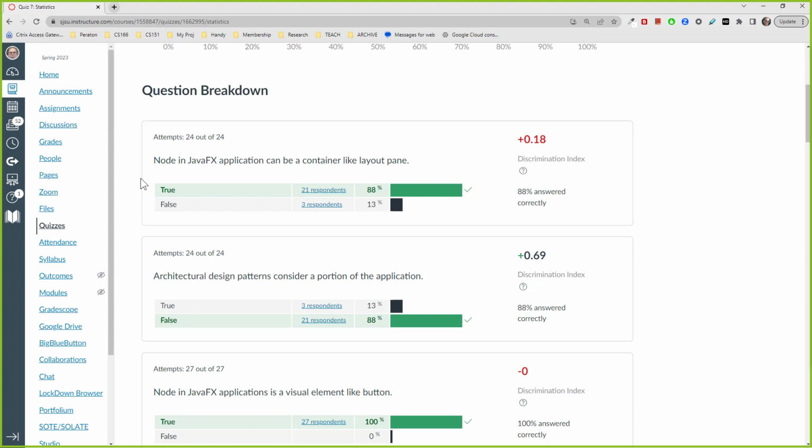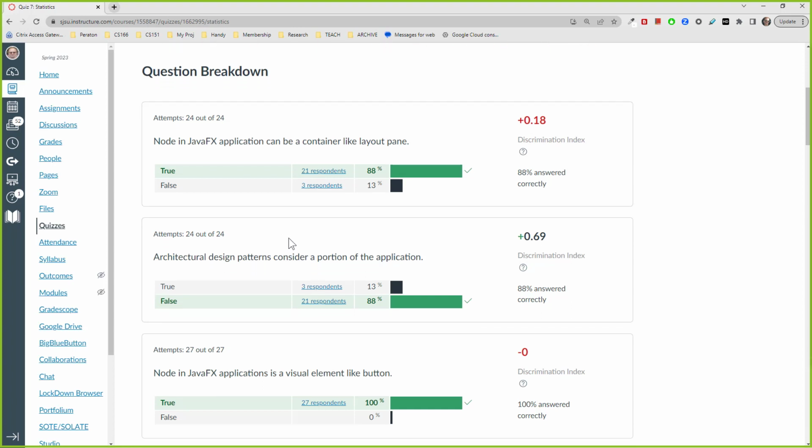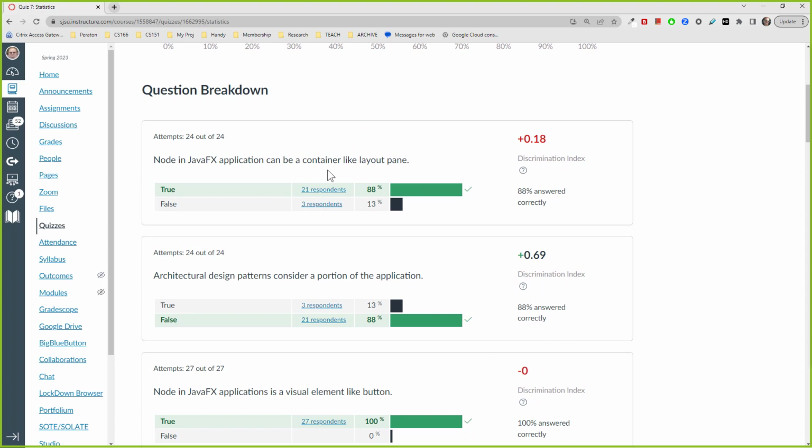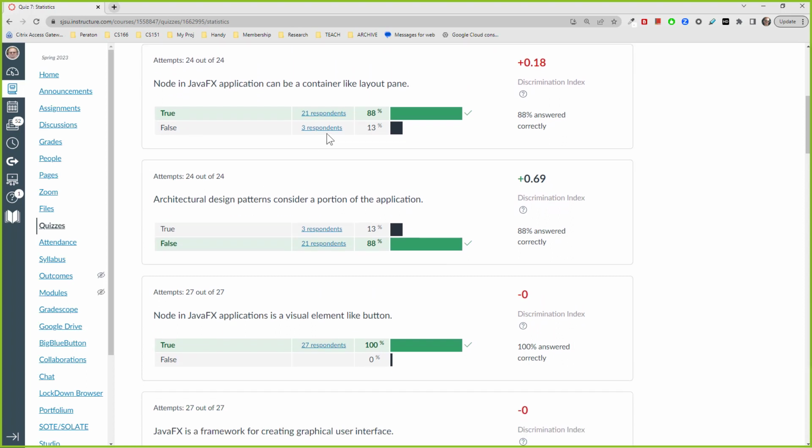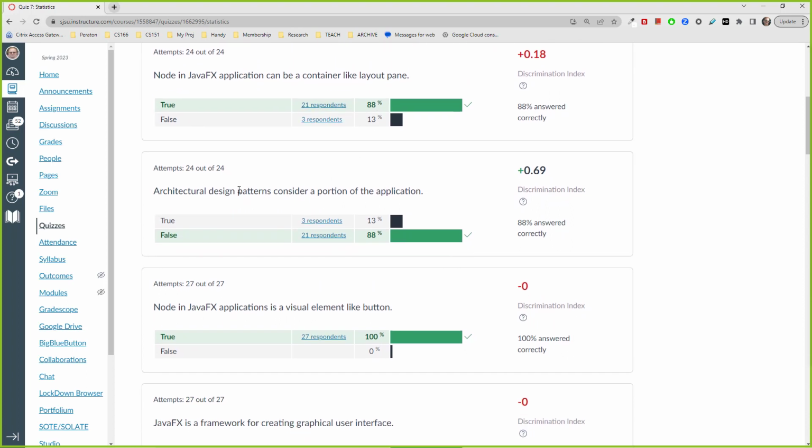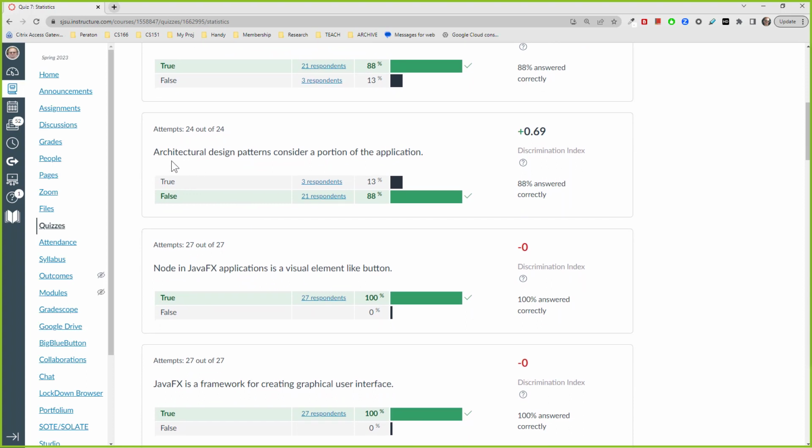The relationship between node and container exactly uses the concept of the composite design pattern. But anyway, this is a true statement, and I am glad 88% picked it correctly.